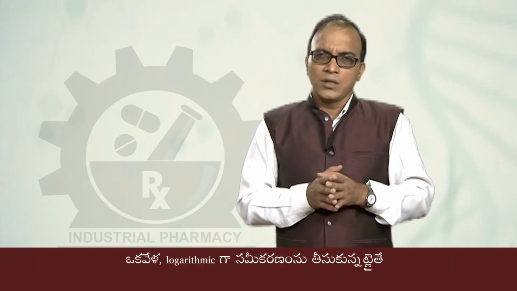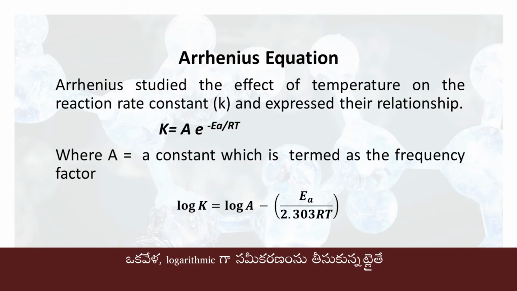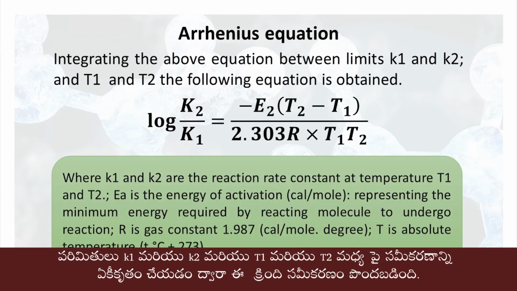If you take the log of this equation, log K is equal to log A minus Ea upon 2.303 RT. If you integrate this equation between the limits of K1 and K2 and T1 and T2, the following equation is obtained: log K2 upon K1 is equal to minus Ea into T2 minus T1 upon 2.303 R into T1 T2.